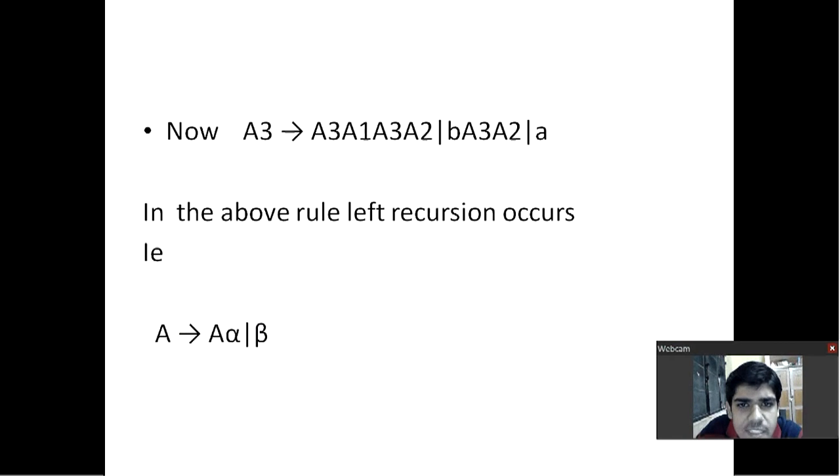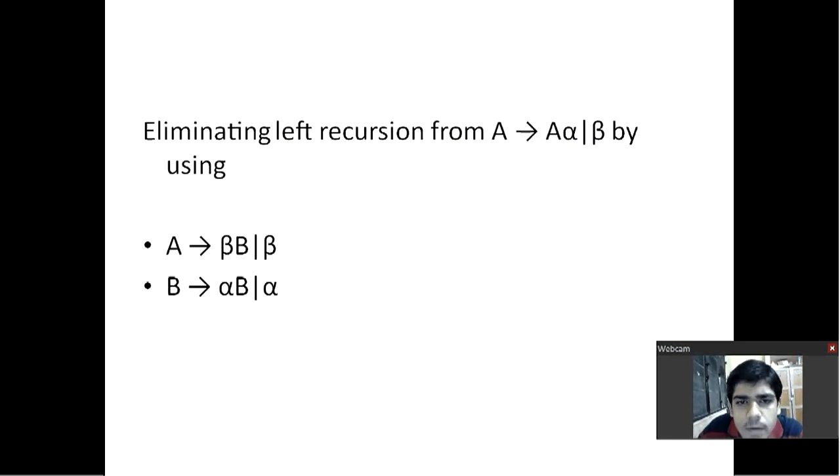Now let us come to step 2, that is removing the left recursion from this rule. In this rule left recursion occurs as this rule is of the form A implies A alpha, beta, where alpha is A1 A3 A2 and beta are B A3 A2 A, B A3 A2 and A. So to remove all the left recursion, we have to follow these two rules.